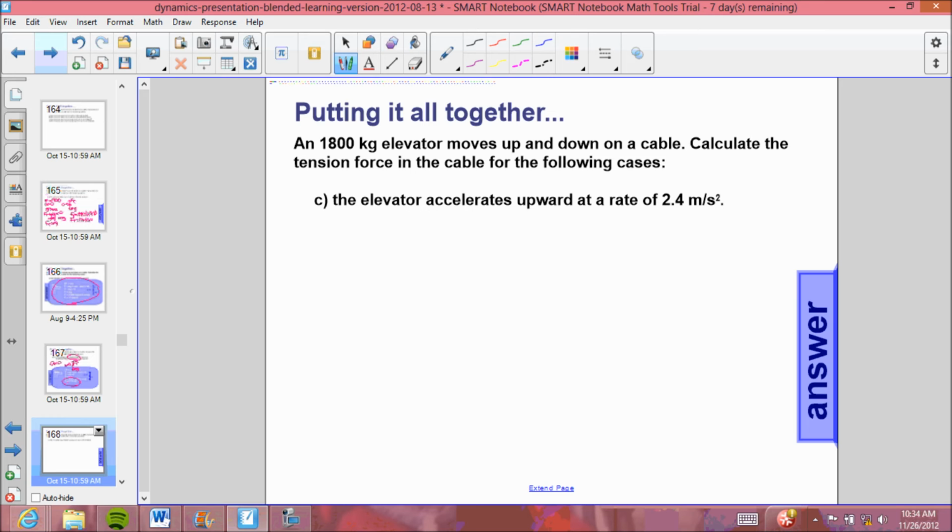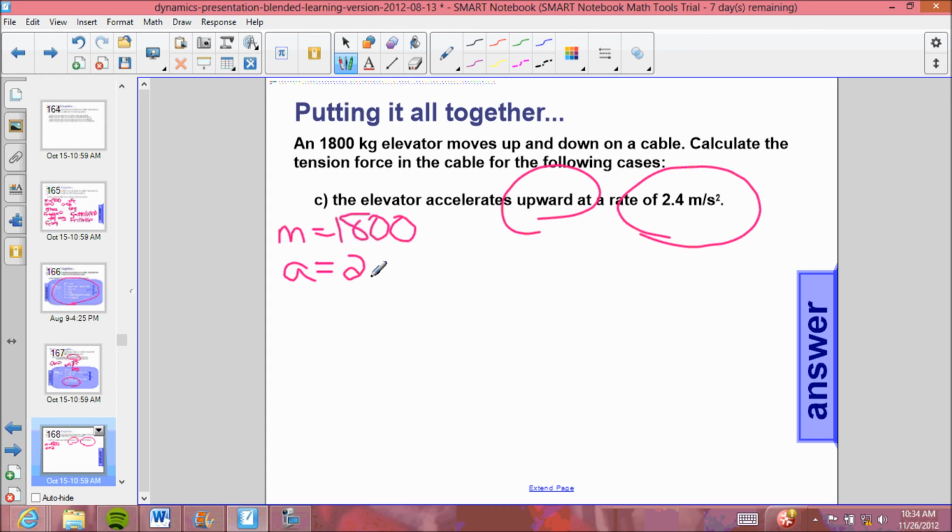Now this one is going to be a little different because now it is giving us an acceleration and it's saying it's going up. So we still have that our mass is 1,800, and in this case our acceleration is 2.4. So if we start with our diagram, you've got Ft up for the cable for the elevator, mg down, and our acceleration is going up.